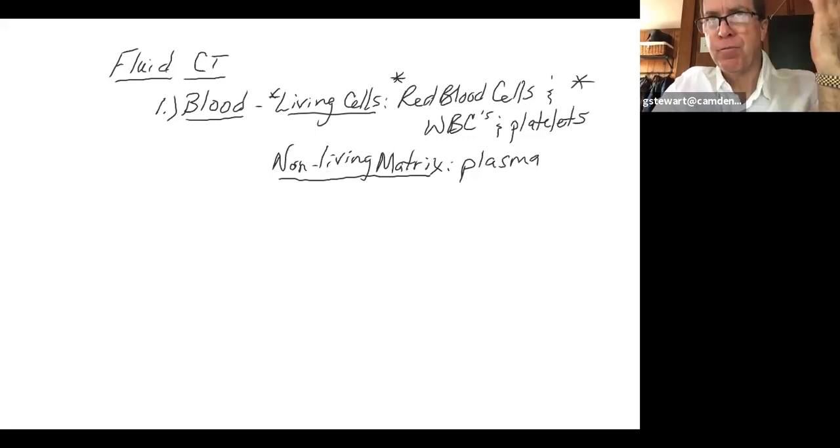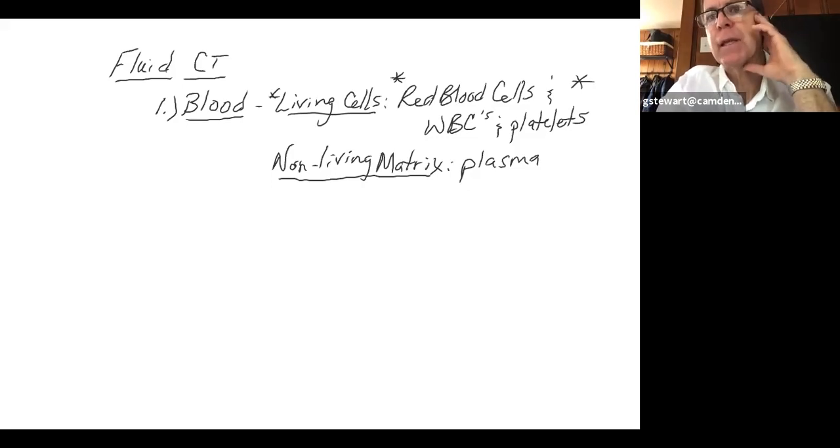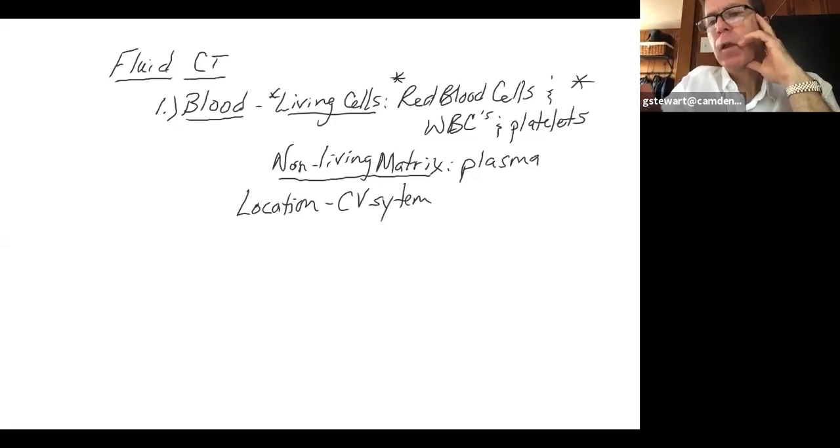You'll learn more in detail how the fiber part of blood works, and it only works when we're bleeding, to stop the bleeding. So anyway, what I'm writing is what I want you to know, and its location is easy. It's just the cardiovascular system. So in all of our vessels and in our heart is where we find blood. You know that. That one's fairly easy and quick to cover.